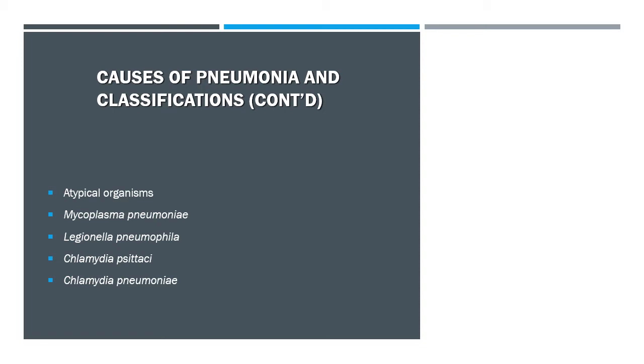They're smaller than bacteria but larger than viruses. The pneumonia caused by a mycoplasmic organism is commonly described as a primary atypical pneumonia. The term atypical refers to the fact that the organism escapes identification by standard bacteriologic tests.